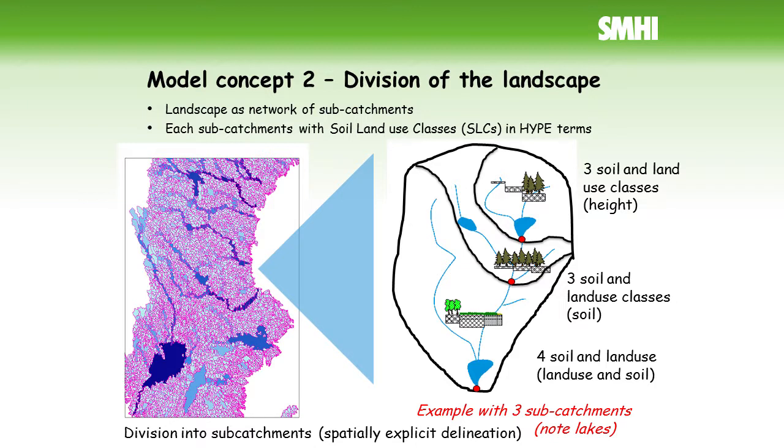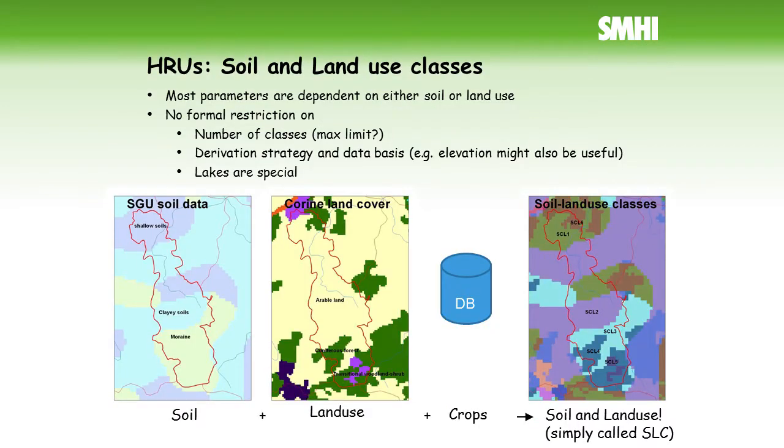So each catchment consists of different soil and land use combinations. We call these SLC, soil and land use class, or soil and land use combinations. SLC is a key word in this model. Sometimes they are referred to as hydrological response units. So you can use either word, SLC or hydrological response unit, or HRU.